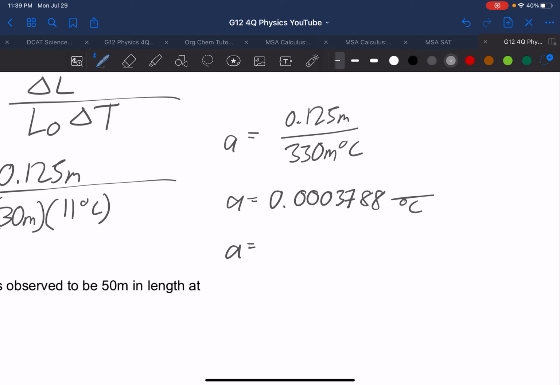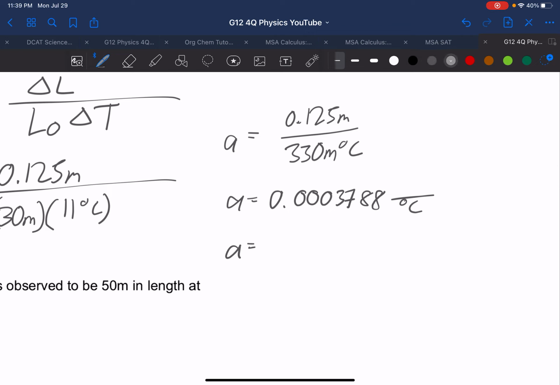So yes, that's the answer. Well, we got the same answer anyways. Yeah, I only copied it wrong here, but technically, the change in L was still 0.125. The entire solution is still correct technically.